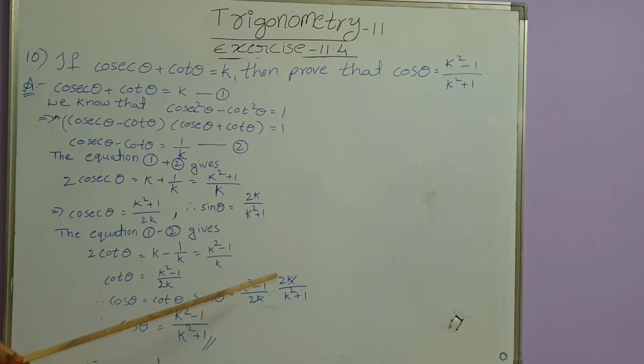This 2k and this 2k cancel. We have (k square minus 1) by (k square plus 1). This is proved. Cos theta is equal to (k square minus 1) by (k square plus 1).